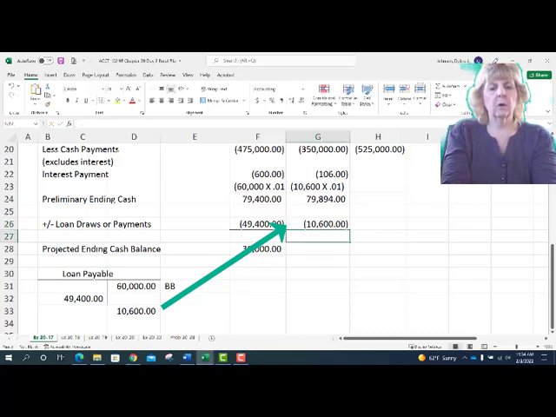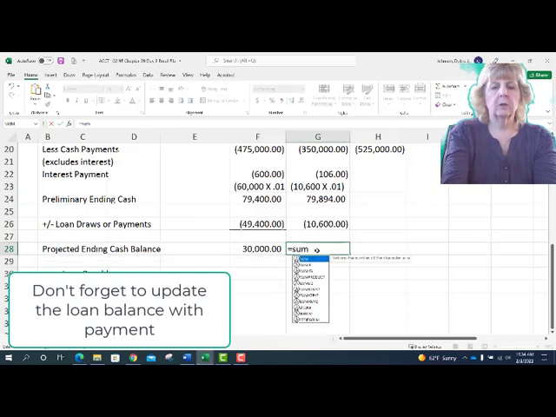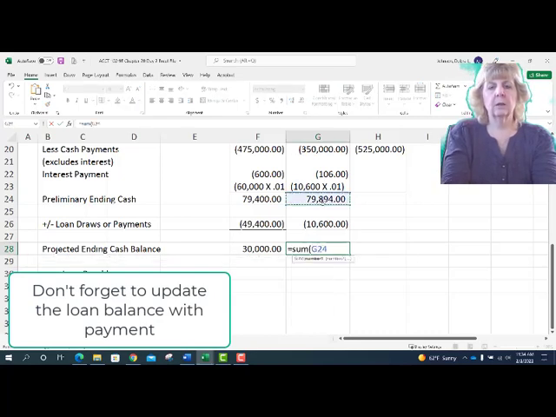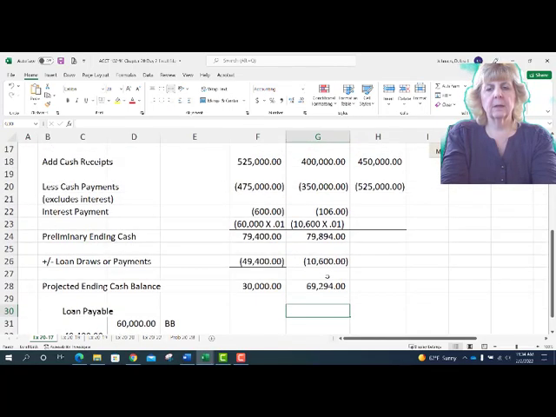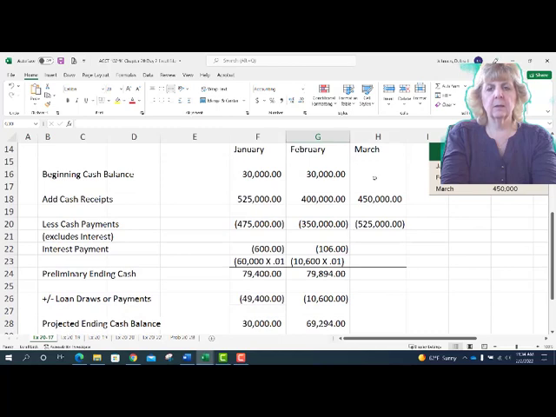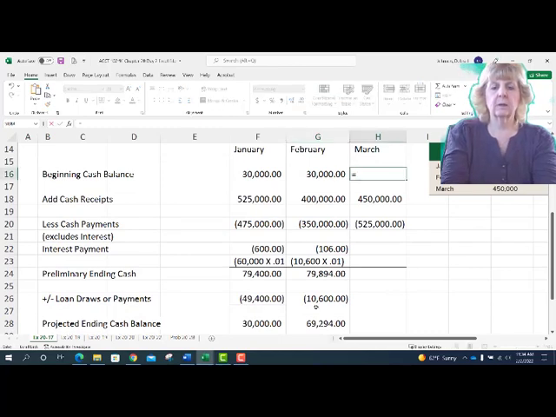I don't want to pay more than I owe, so there's the $10,600 that I owe on the loan, and I'm ready to compute my new cash balance by summing those up. I take that ending balance and place it as my beginning balance. In fact, I'm going to just cell reference it so I don't make a transposition error.